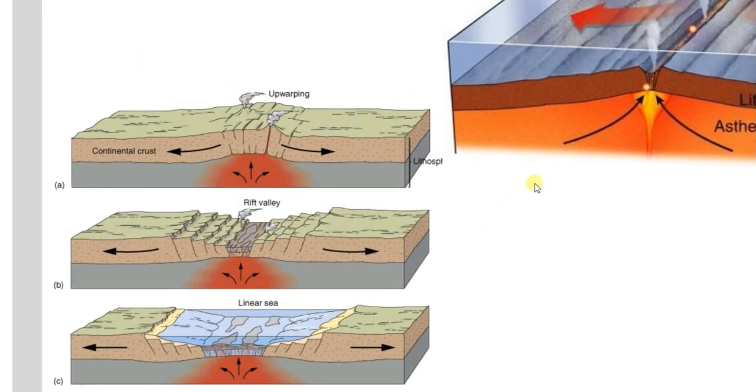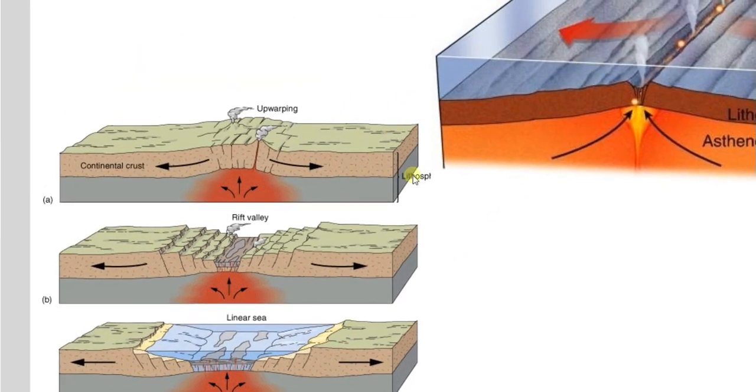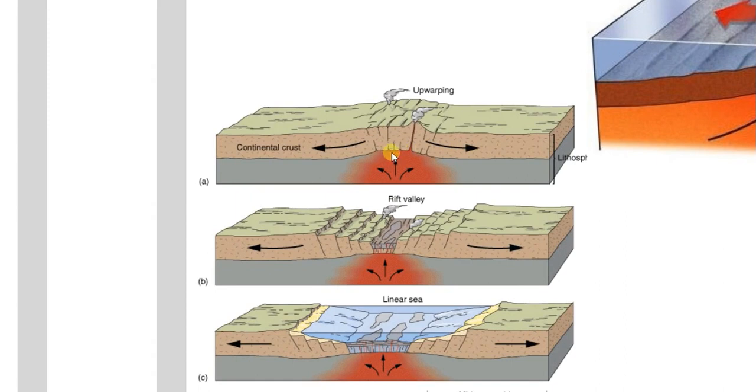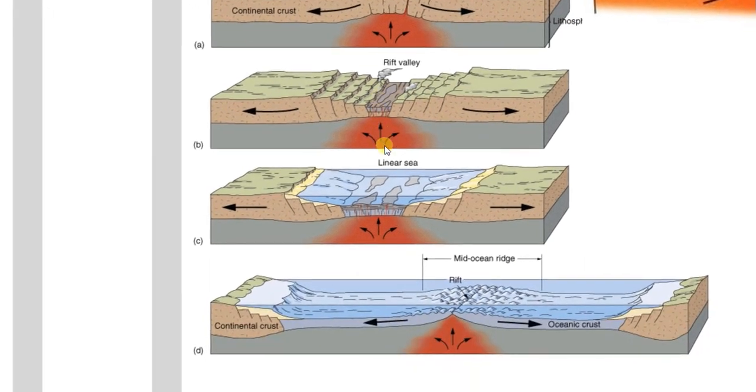It starts to push these plates apart, or maybe they're being pulled apart. We don't know. And eventually we start getting this kind of step-like topography that's symmetrical, creating a rift valley. Eventually you start getting lakes and oceans filling it in, and then eventually it becomes oceanic crust and becomes a mid-ocean ridge, just like we have here.